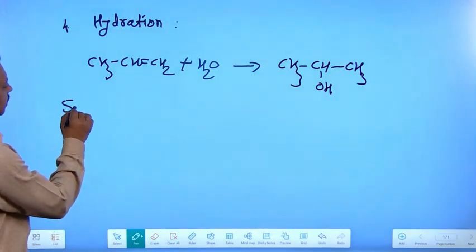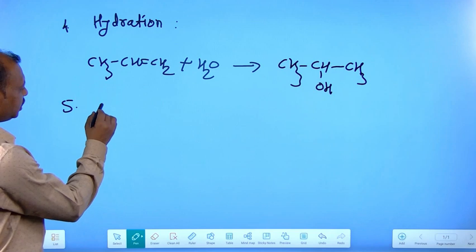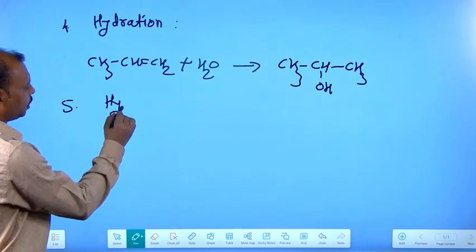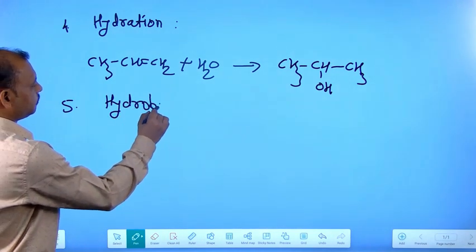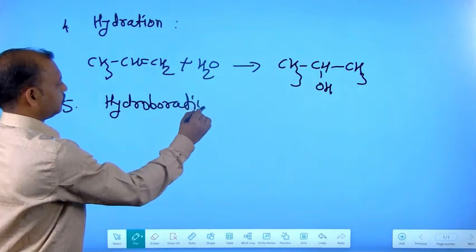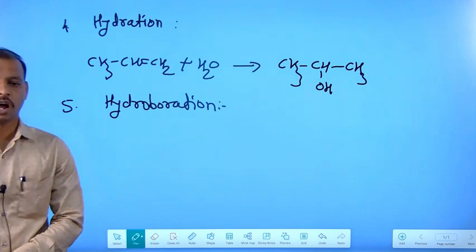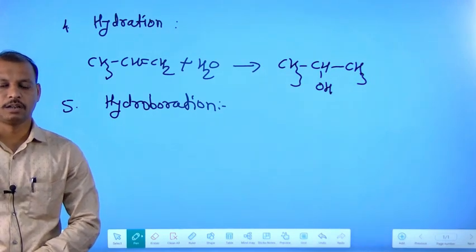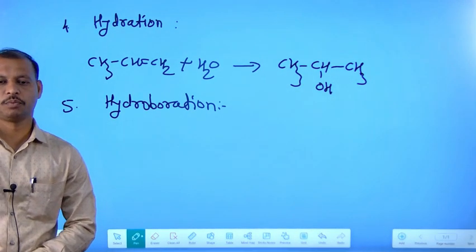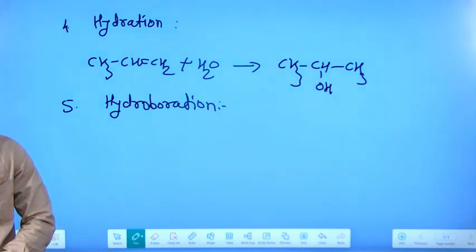Another example of addition reaction is hydroboration. In the hydroboration reaction, hydrogen and boron atom are added across the carbon-carbon double bond. Therefore, such reactions are called hydroboration reactions.